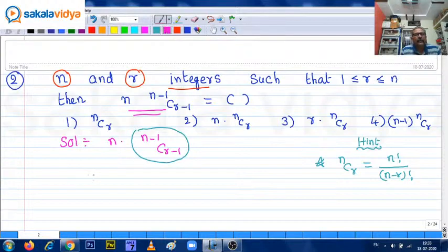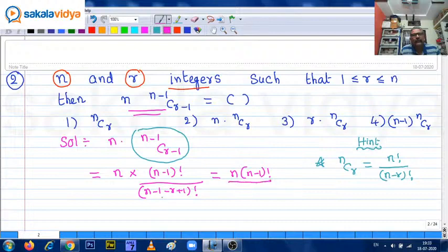So now N times N minus 1 factorial upon N minus 1 minus R minus 1 factorial. So this we get N times N minus 1 factorial upon, this 1 gets cancelled, N minus R factorial.